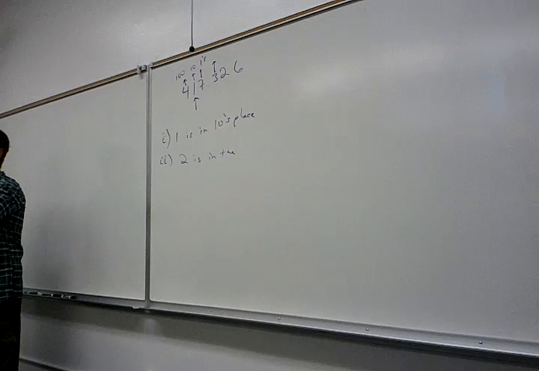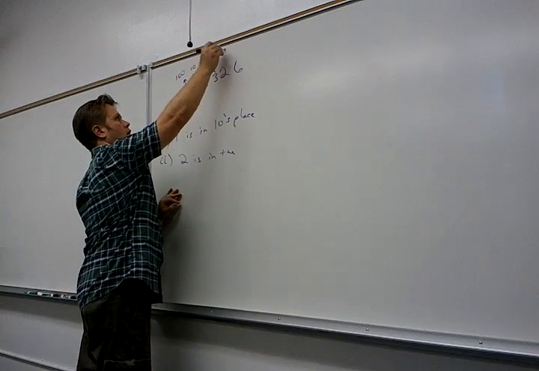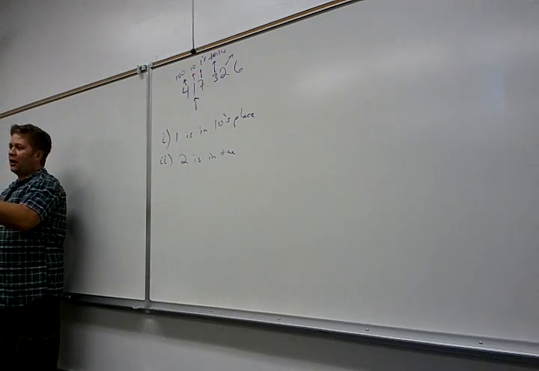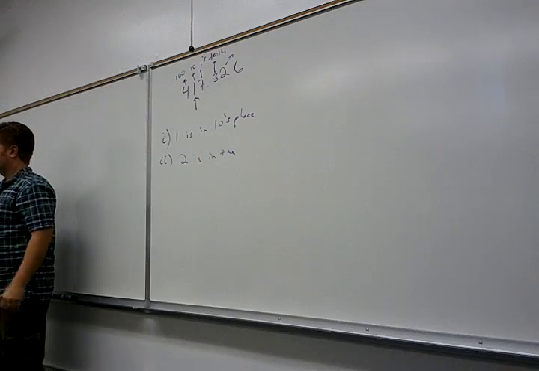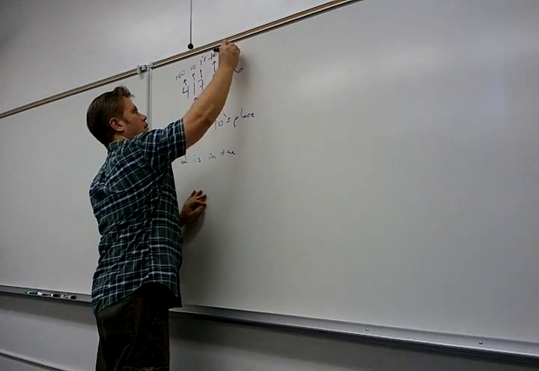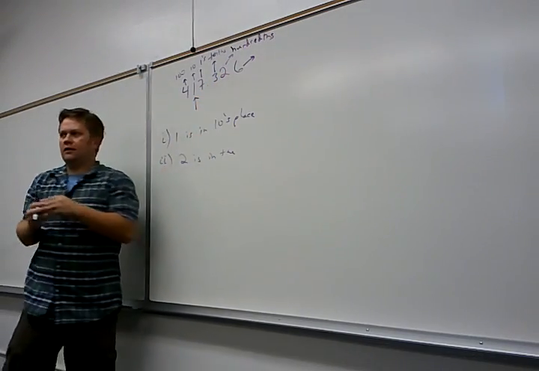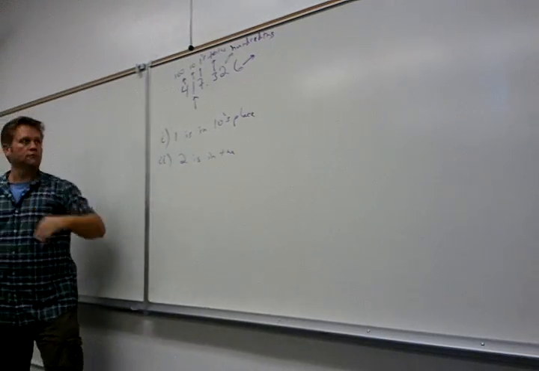So that's the tenths place. Cool. The 2 is in then, what's 1 divided by 10 twice? What's 1 divided by 100? That's the hundredths place. And of course the 6 then would be in the thousandths place. And then you just keep going from there.